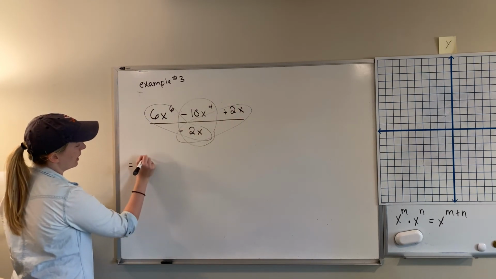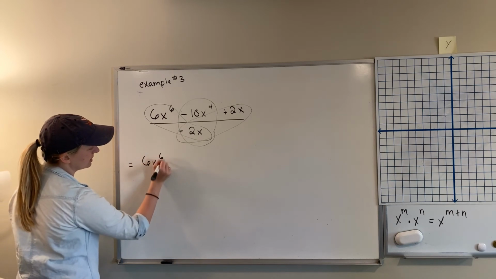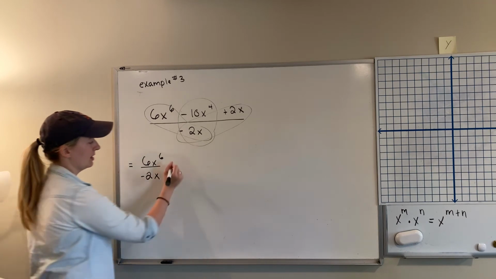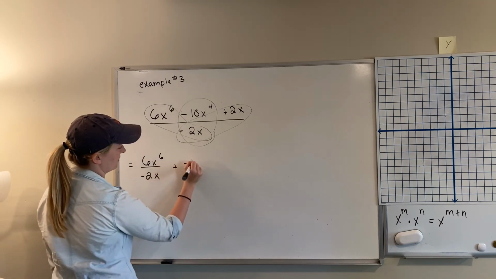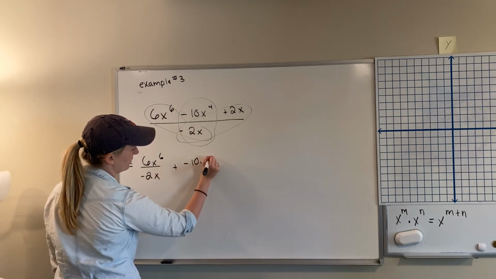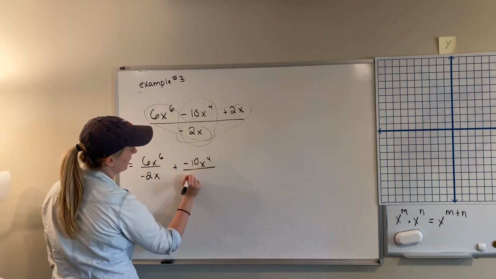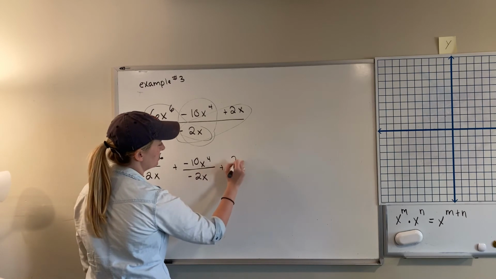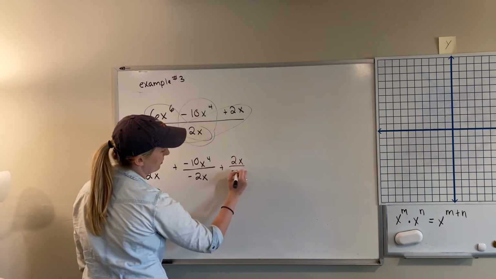If you say, okay, 6x to the 6th has to be divided by negative 2x, plus my negative 10x to the 4th has to be divided by negative 2x, plus 2x has to be divided by negative 2x.